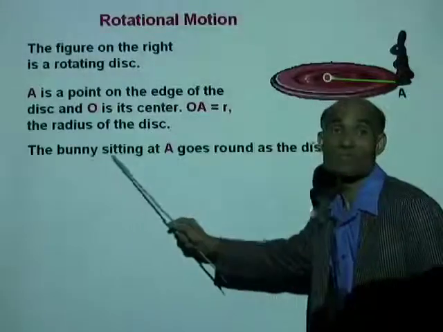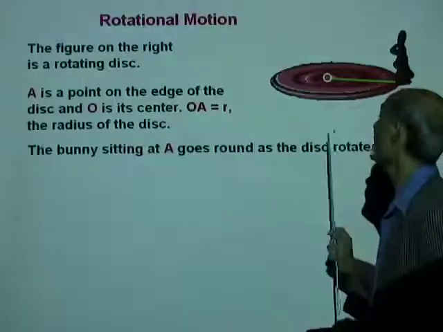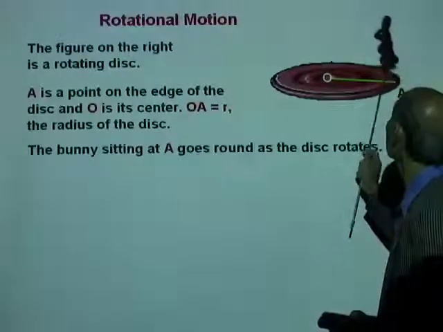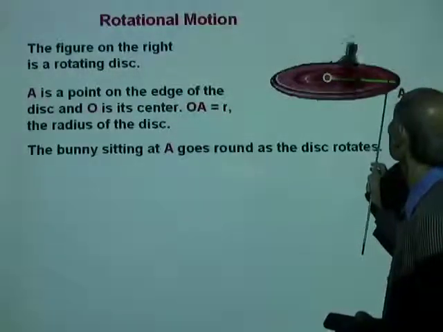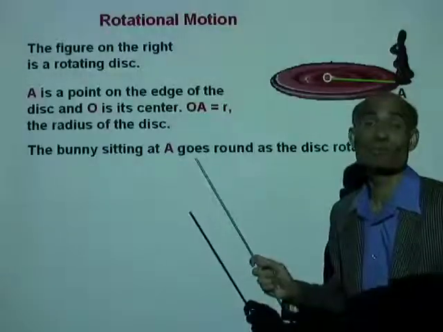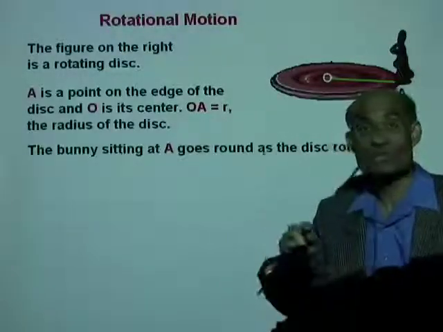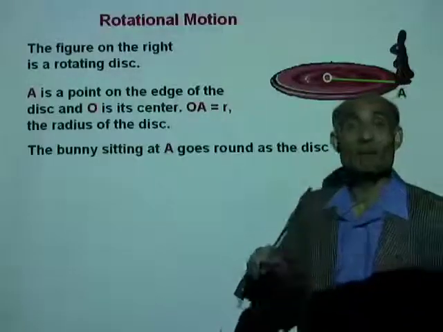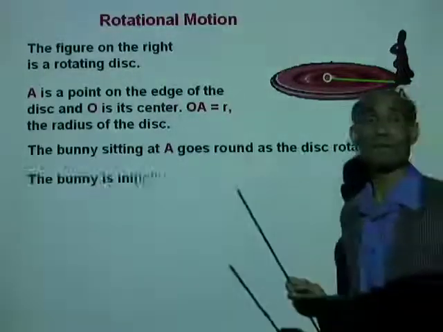I have placed the bunny at the point A so that when the disc rotates, the bunny will go round. See that? As the disc rotates, the bunny will go round. So the rotation of the disc can be studied by looking at the motion of our little bunny.